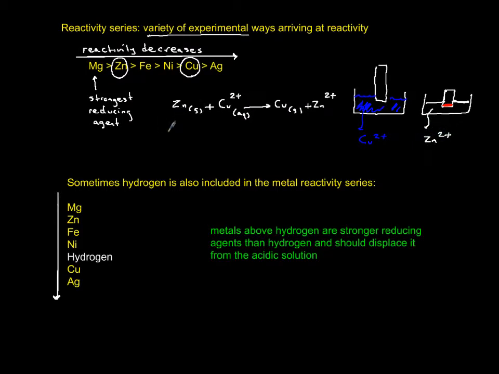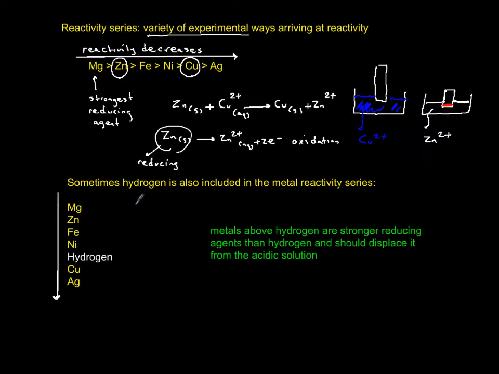Now if you look at the half reaction, zinc is going from solid to aqueous and it's losing 2 electrons, which by definition was oxidation, and it makes it a reducing agent. So zinc is a stronger reducing agent compared to copper, for example.